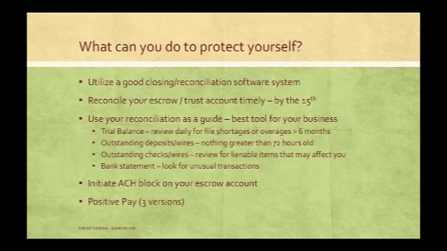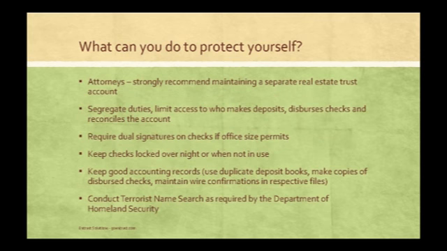It's electronic submittance of information from your software to the bank that talks about the check number, the amount, and the date. Well, what's the problem with that? The problem is there's no payee name. So now banks have the third version, which is called payee name recognition positive pay. It brings the person's name inside that information so it can clear properly. That's the best tool for you to help prevent check fraud.